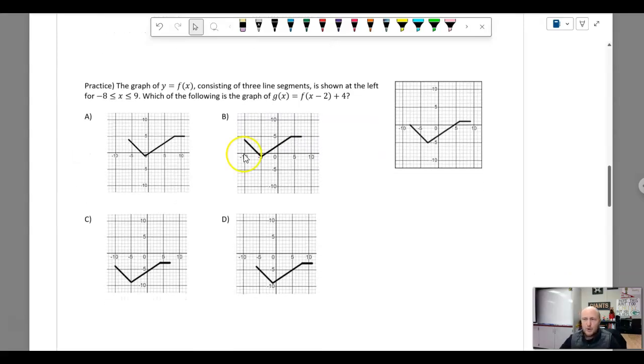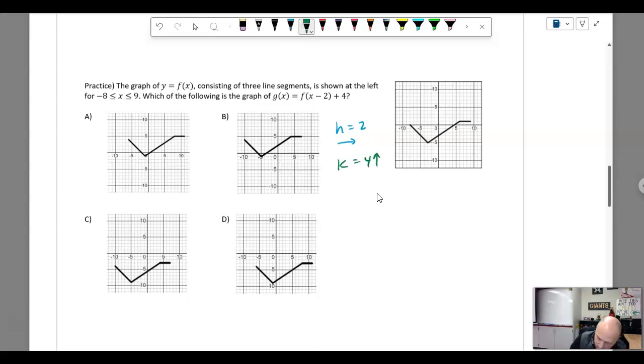All right, here's a practice problem. Go ahead, look at this graph. Which of the following is the graph of g of x, which is f of x minus 2 plus 4? So identify your parameters. What's it going to do to the graph? Hopefully on this one you identified h is 2. That's going to go right 2 units, and a k value of 4.